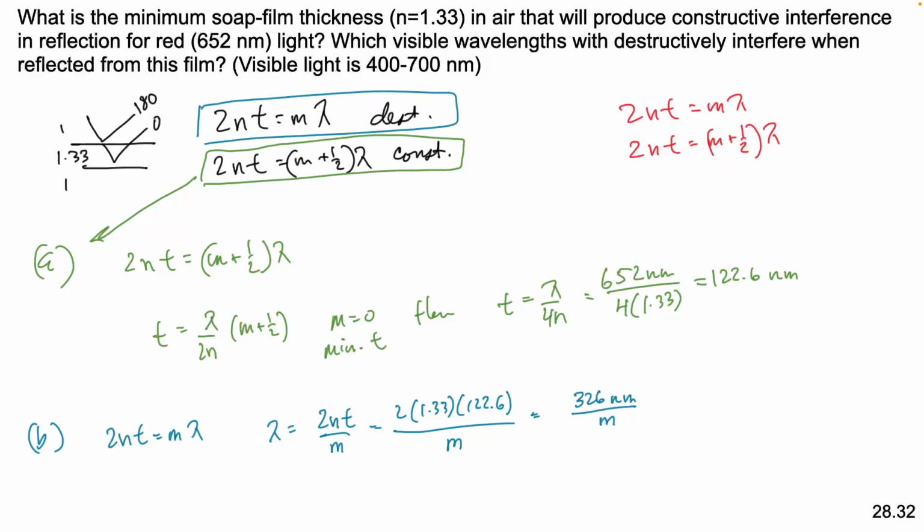If we put in m equals 1, lambda would be 326 nanometers. And for m equals 2, what?